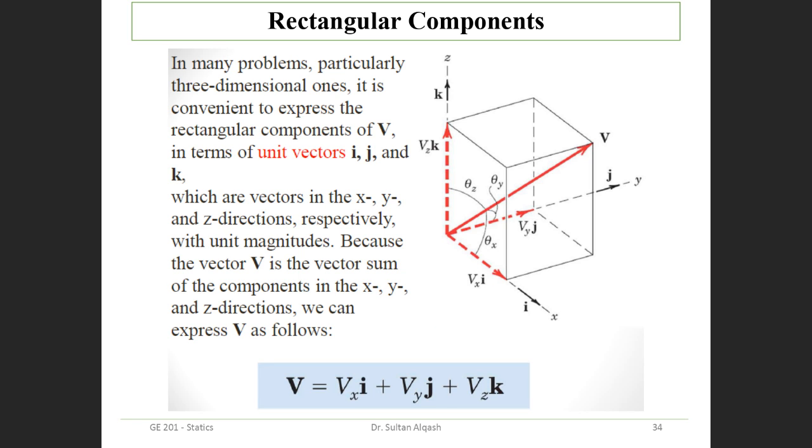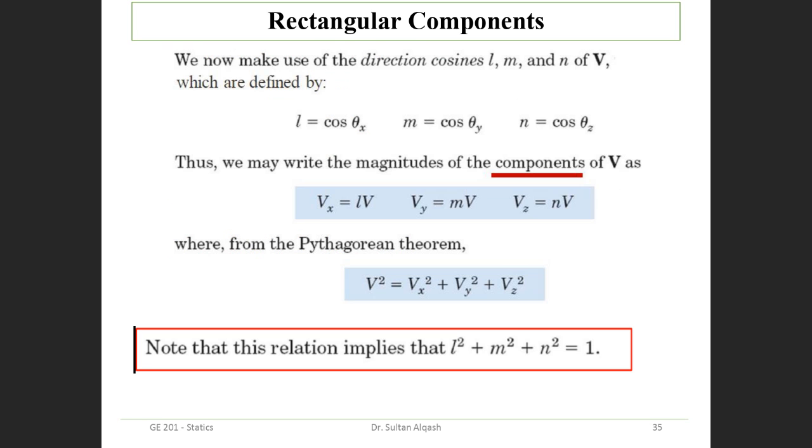Here's the three-dimensional case. Simple, as I mentioned, i, j, k. And here is a more generic way of defining the vectors in terms of the direction cosines. They call them direction cosines. If l is the cosine theta along the x-axis, m is the direction cosine along the y-axis, and n is the direction cosine along the z-axis.